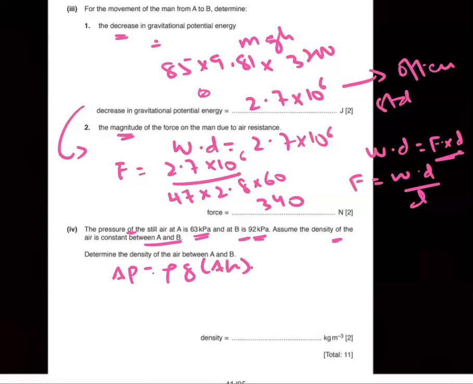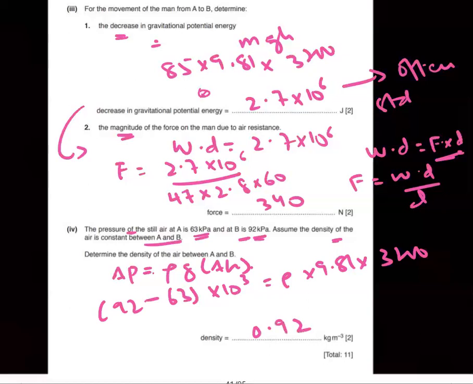They have given us two pressures, so the pressure difference is 92,000 minus 63,000, taking 10 power 3, equal to rho into 9.81 into 3200, that is the change in height. So the value of rho is coming 0.92 kg per meter cubed. I hope that you guys are understanding this.